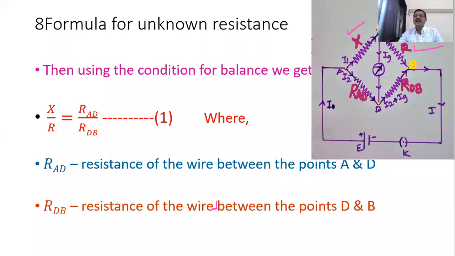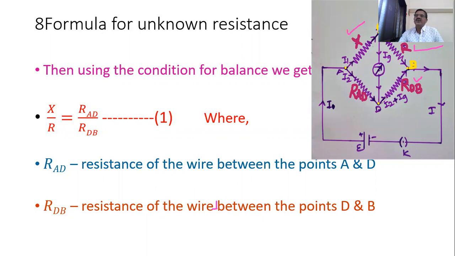Let RAD be the resistance of this part. Then this part DB of the wire will also act as a resistor, and its resistance is, suppose, RDB.